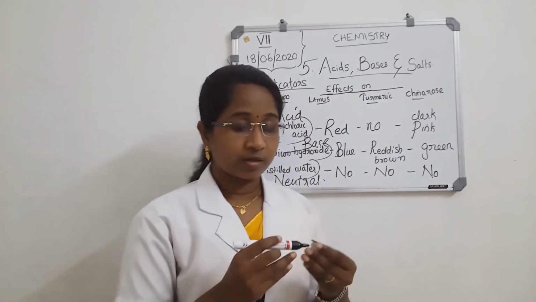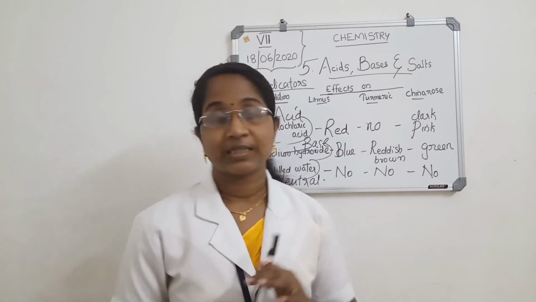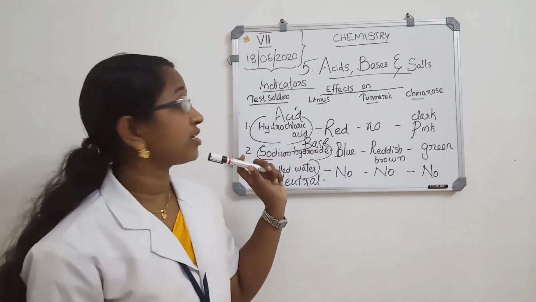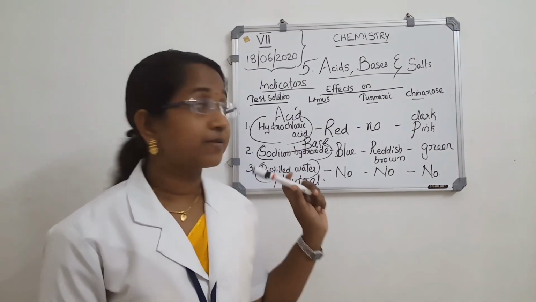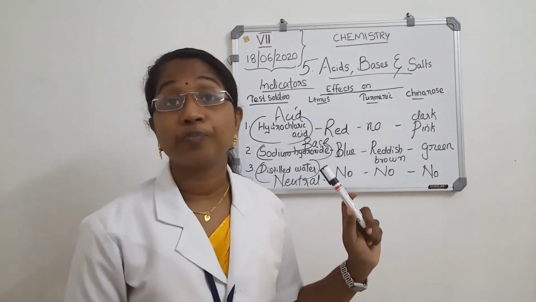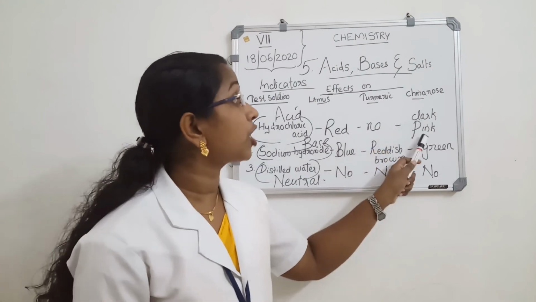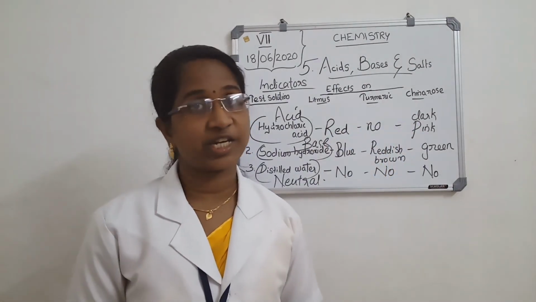Then we can make a conclusion from these experiments. Acidic substances show red color to litmus, no change to turmeric, and dark pink color to China rose indicator.